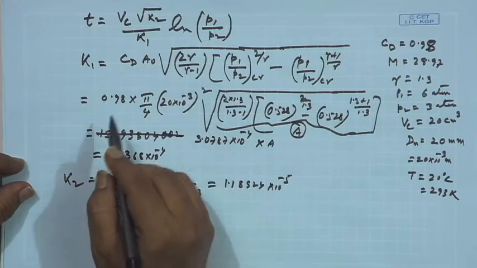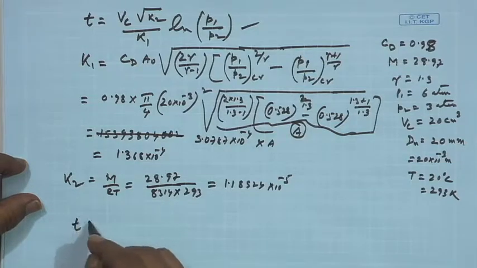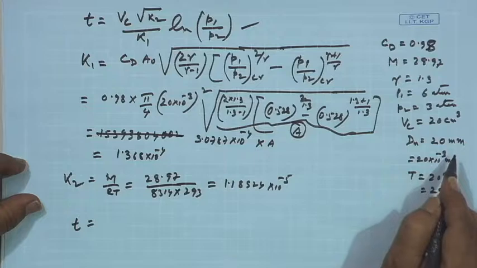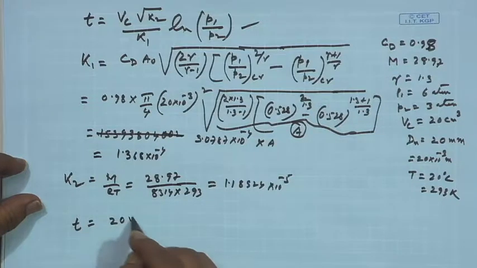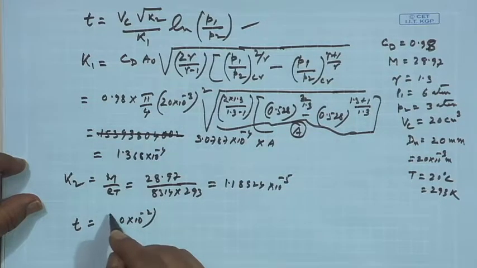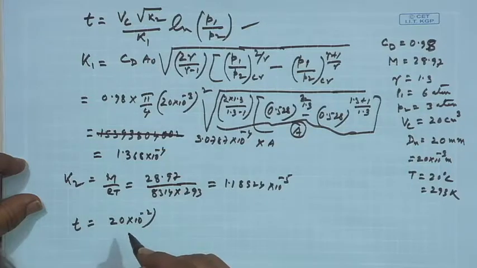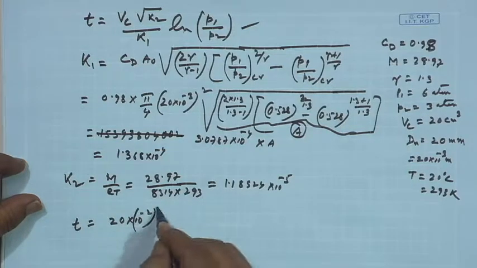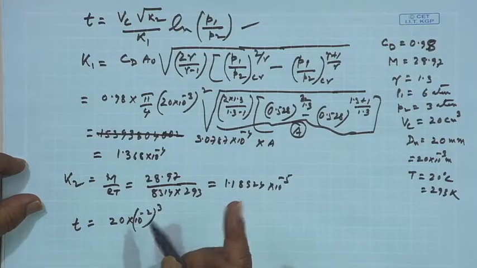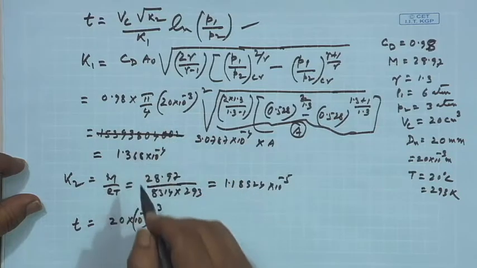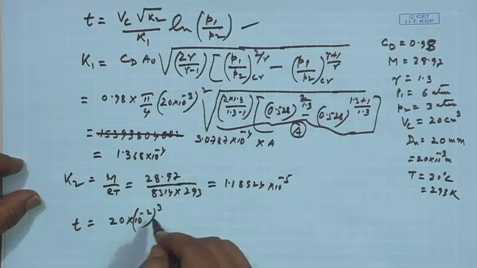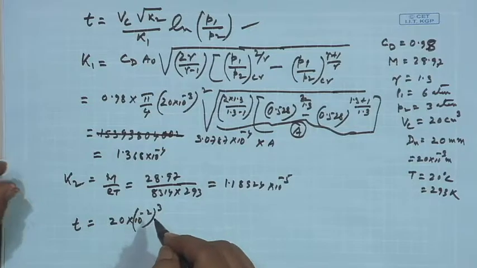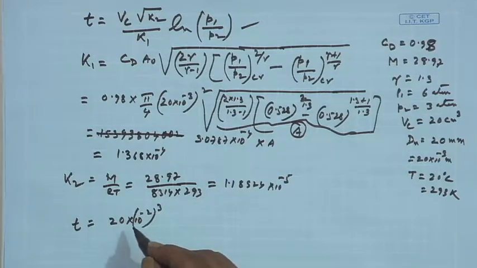And therefore, the time T we can write from here, time T is equal to Vc, which is given as 20 times 10 to the minus 3, oh that was this, base is 20 centimeter cube, 20 into 10 to the power minus 2, right, 10 to the power minus 2 minus 3, somewhere we made this wrong here, okay, square, that was square, but this is Vc, 20 into 10 to the minus 3 minus 2 meter cube, right.